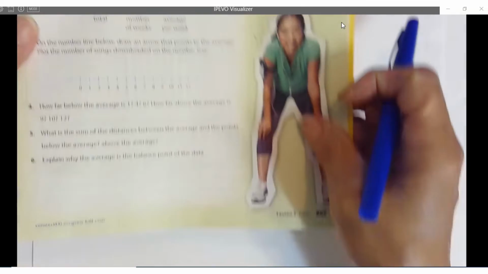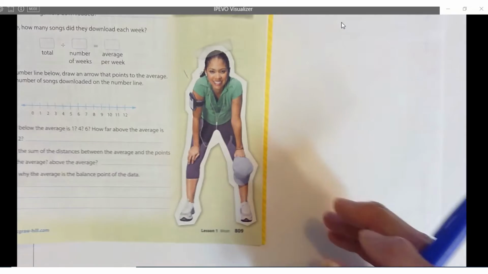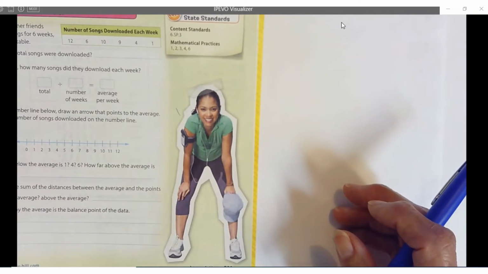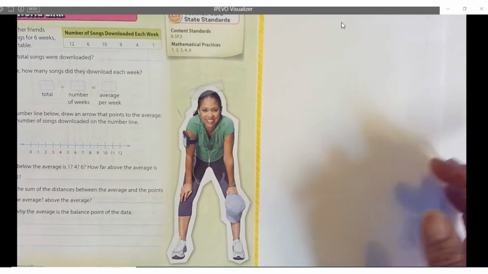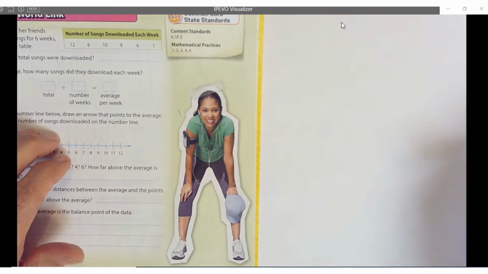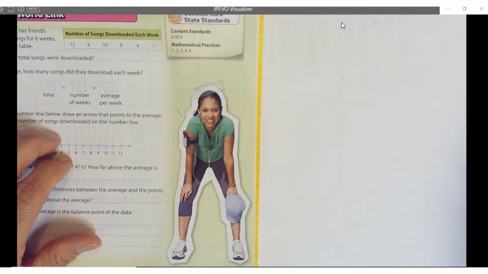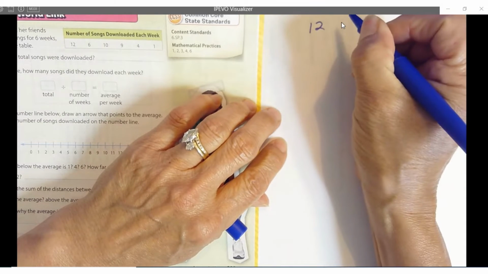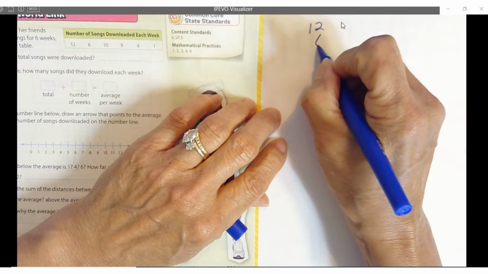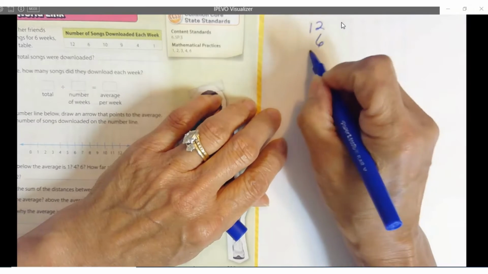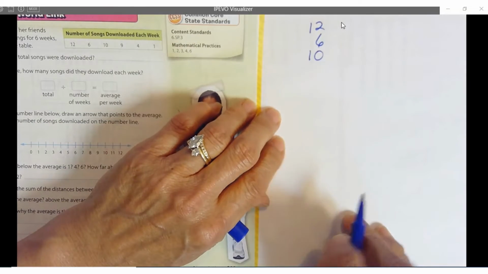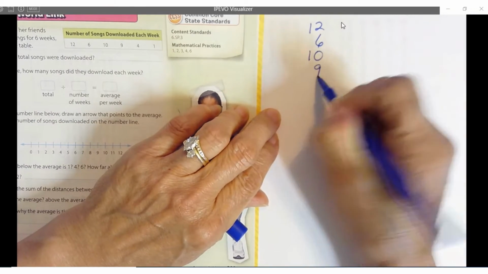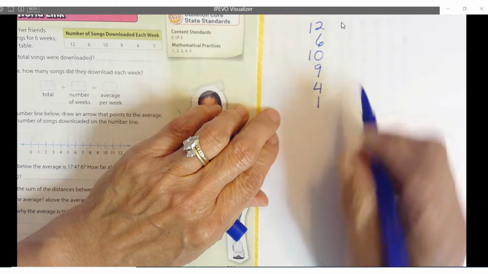So I'm going to set this up here, and I'm going to write the total number of songs down on here. Let's get my paper. Here we go. So we have 12, 6, 10, 9, 4, and 1.